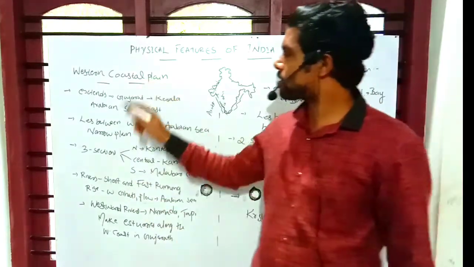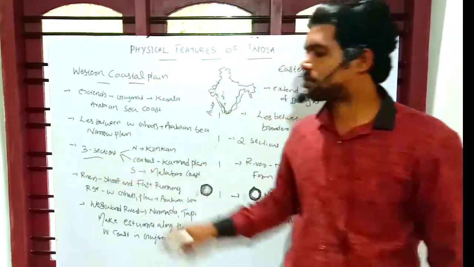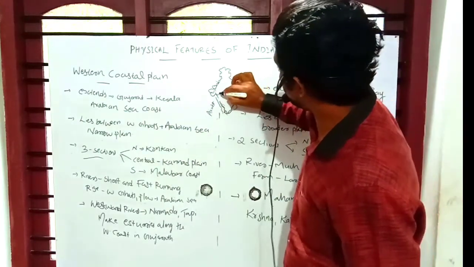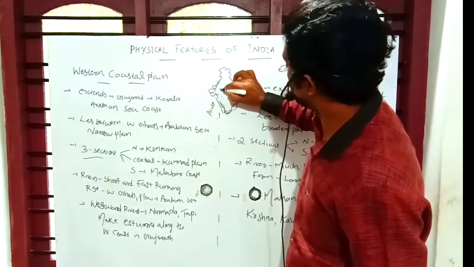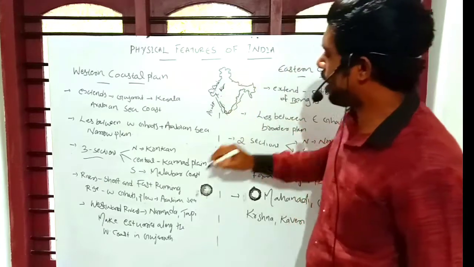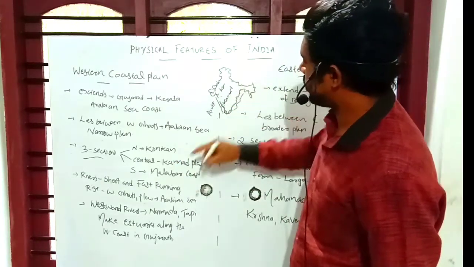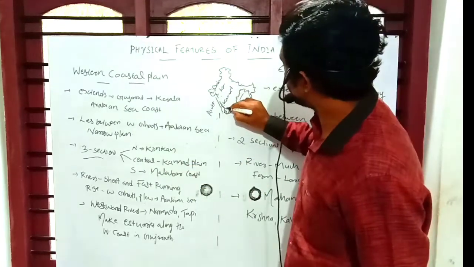The western coastal plain has three sections. The north part is called the Konkan coast, the central part is the Kannada plain, and the south part is the Malabar coast.